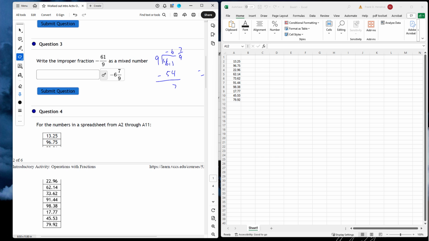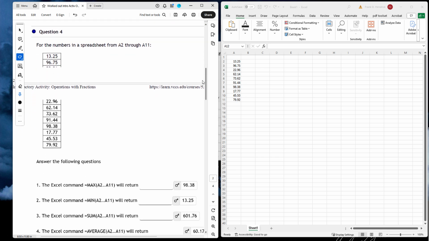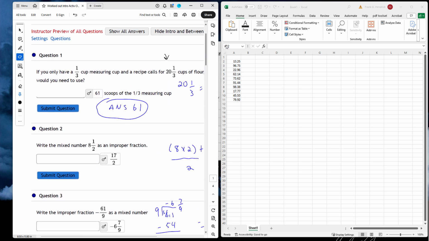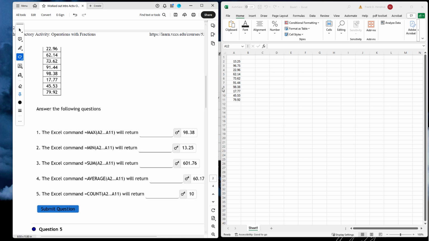We need to use Excel here. So I went ahead and entered them into an Excel sheet. They want to know certain things there.